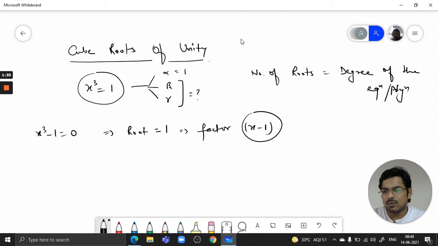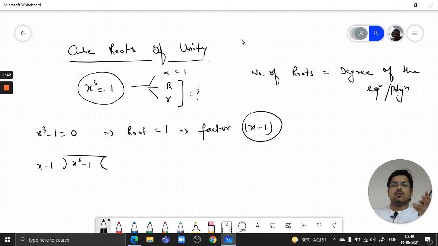So we divide x cube minus 1 by x minus 1. We have one root and that factor, and we divide our polynomial by that factor so that we can find the quotient, and from the quotient we can find the other 2 roots.